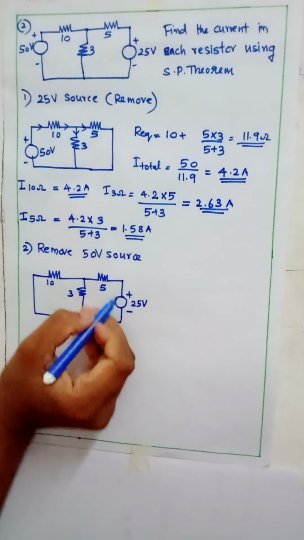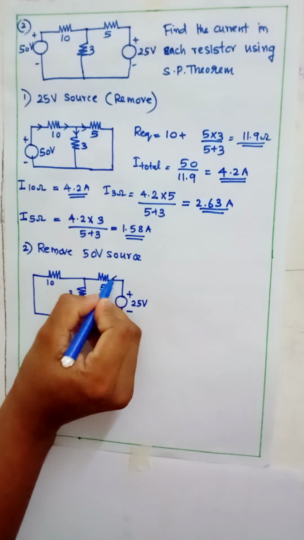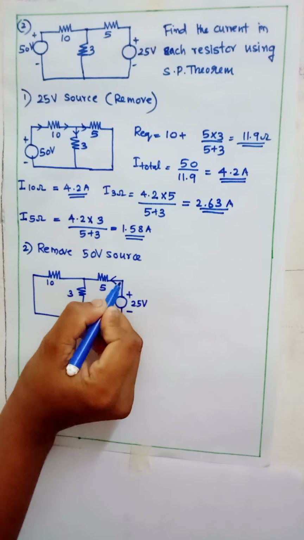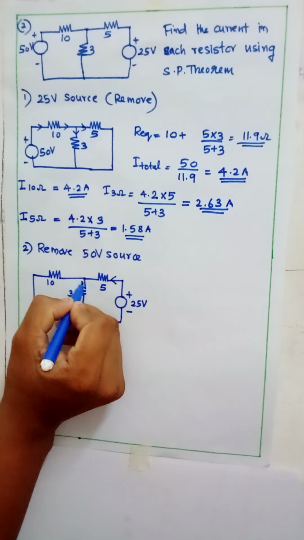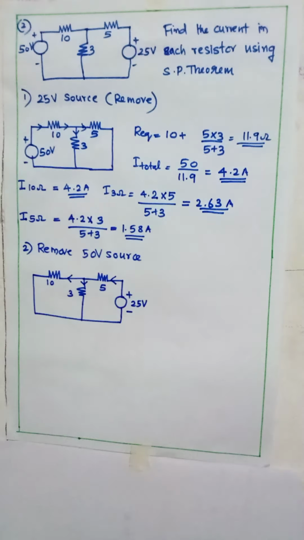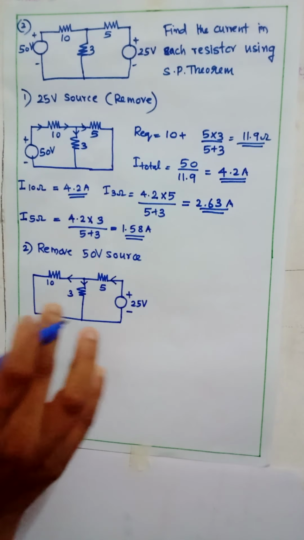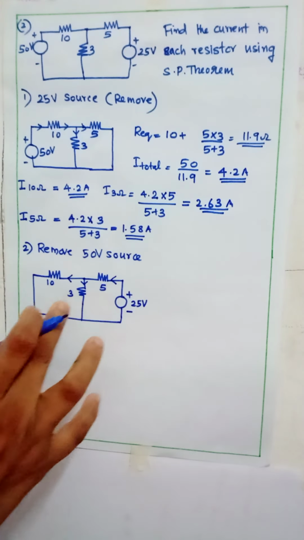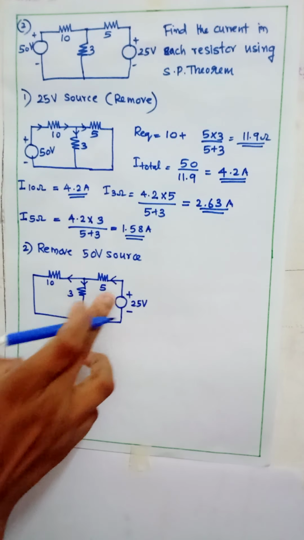Here we can see that we have only 25 volt source. So the total current from the source flows through 5 ohm resistor. Then it is divided into 10 ohm resistor and 3 ohm resistor. So our first aim is to find the total resistance of the circuit. Then find the total current from the source.